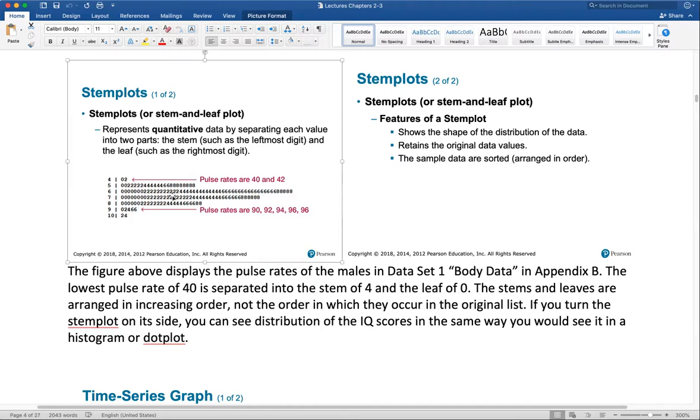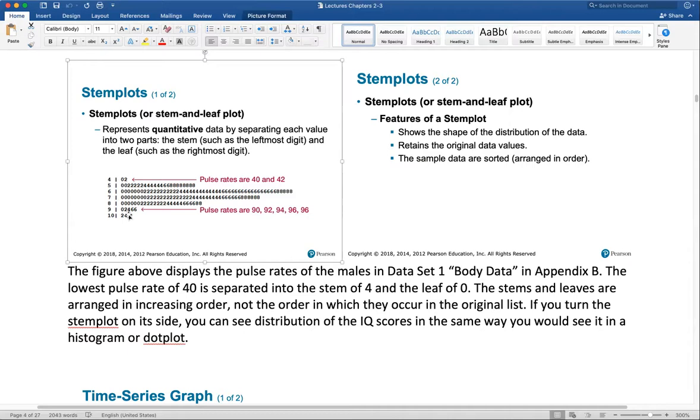The lowest pulse rate is 40. So you see the 4, 5, 6, 7, 8 through the 10 right here. Those numbers represent the tens digit of the pulse rate, and then 0 and 2 and all numbers on the right side represent the ones digit. Okay, so the 4 and then 0, 2 means 40 and 42, and then you see the 9, and then 0, 2, 4, 6 represent the 90, 92, 94, 96 pulse rates.